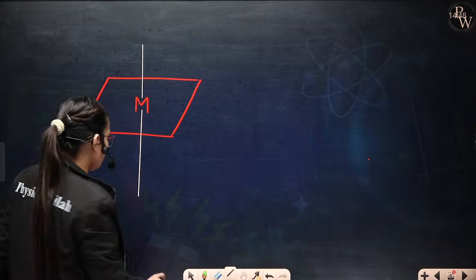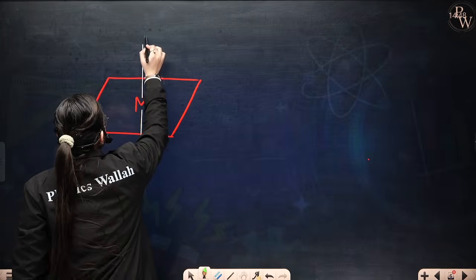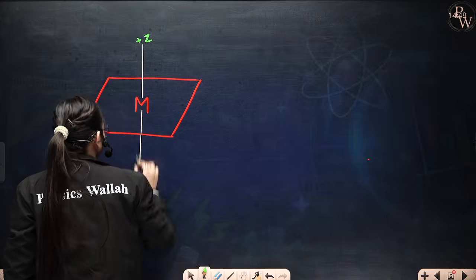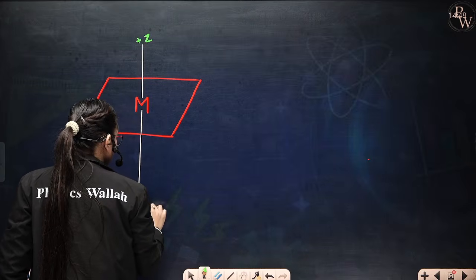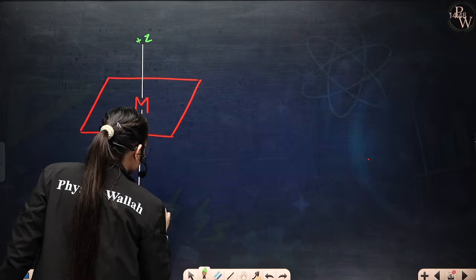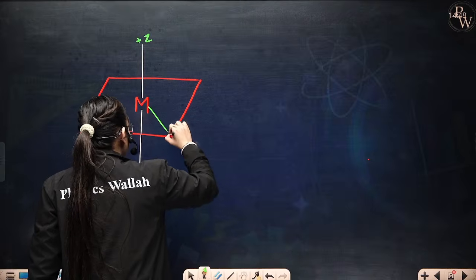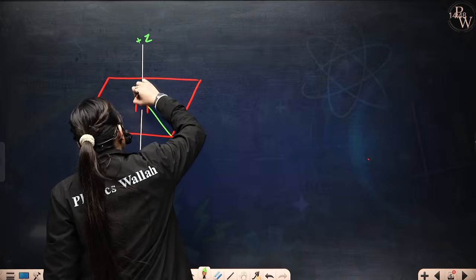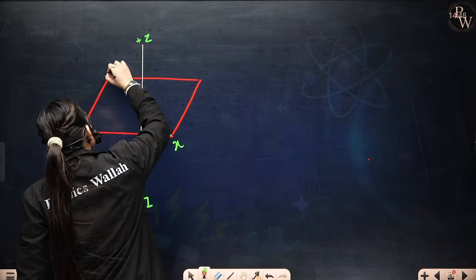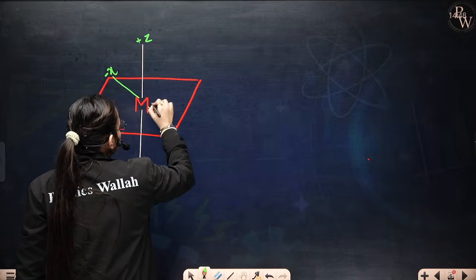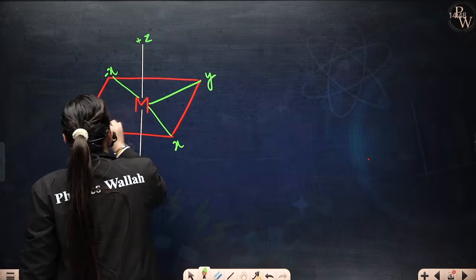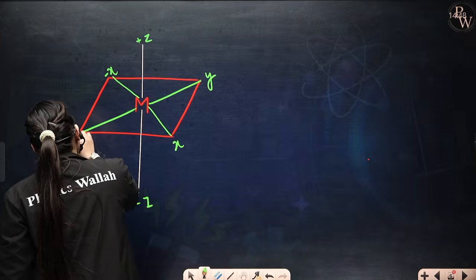Now this axis I am referring to as your z-axis. If it is positive z, then this will be the negative z-axis. If I say this is your x-axis, then obviously this will be your minus x-axis. Similarly, if I say this is your y-axis, then this will be your negative y-axis.